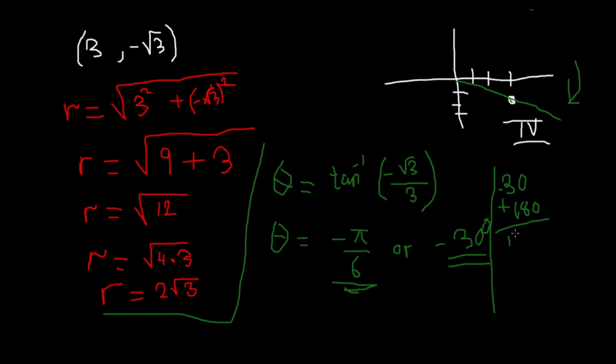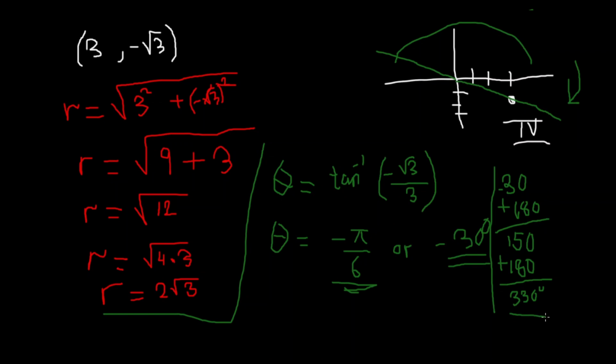You get 150 degrees for this one. And 150 degrees is less than 180, so it's somewhere in the second quadrant. So add 180 degrees again. So now you get 330 degrees. So basically you added 360 degrees.